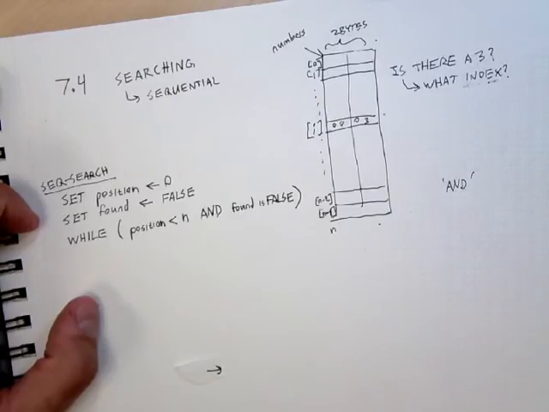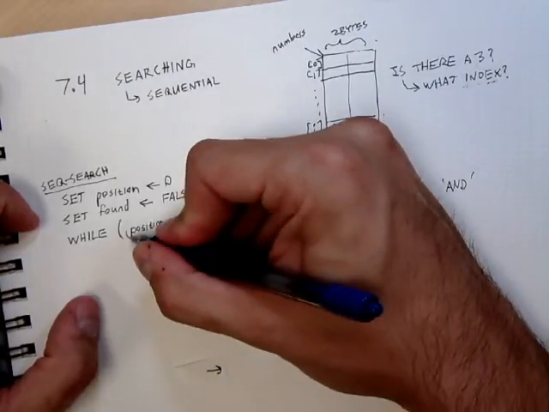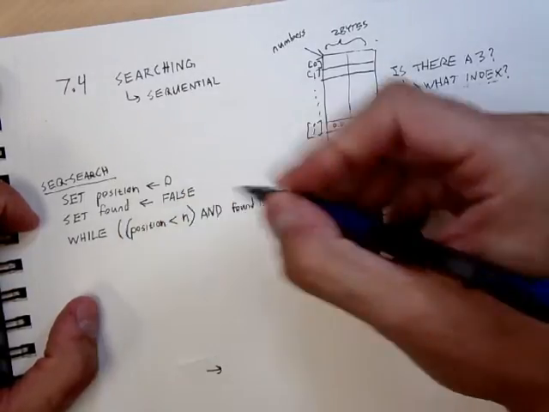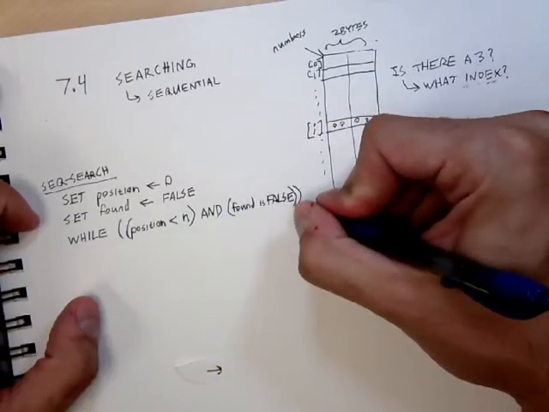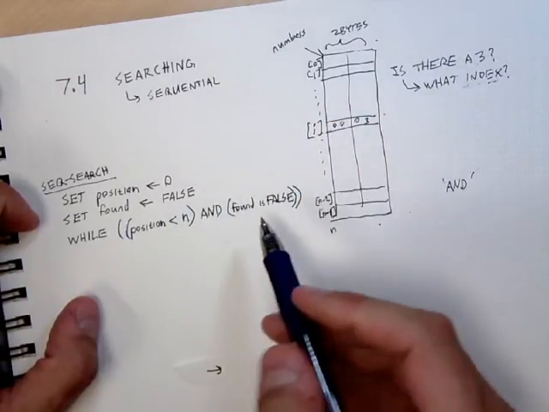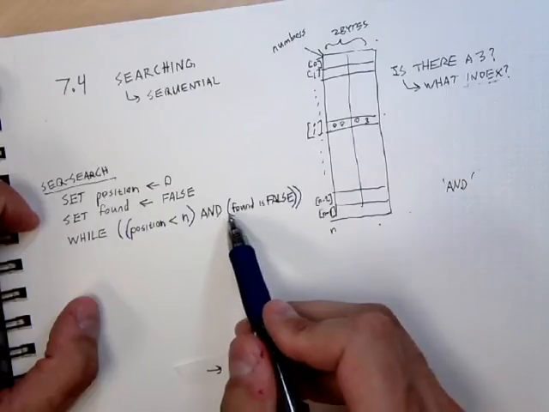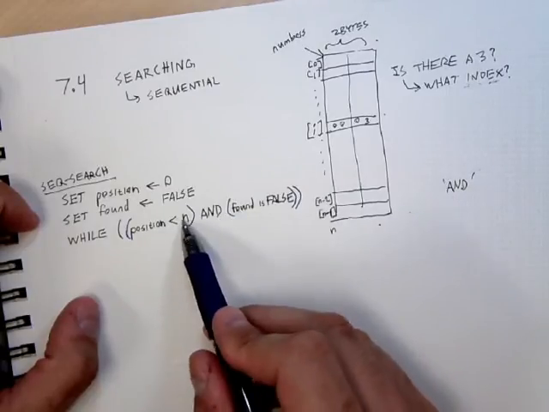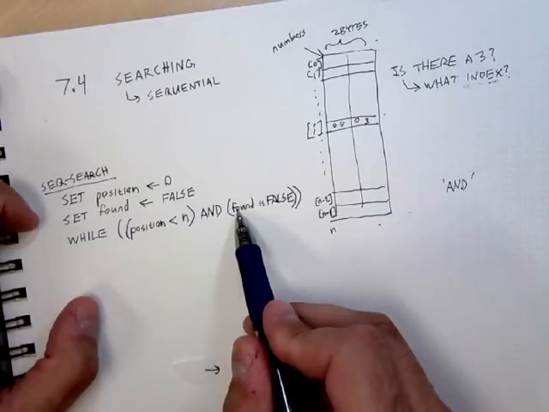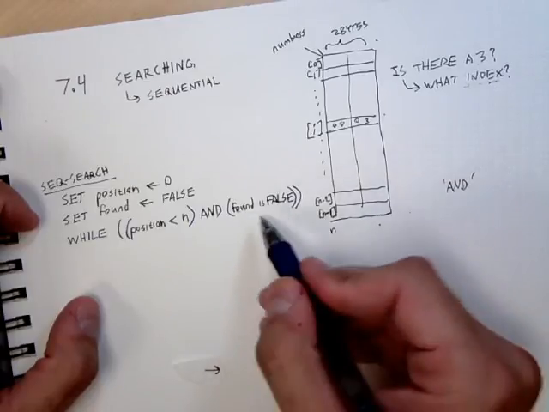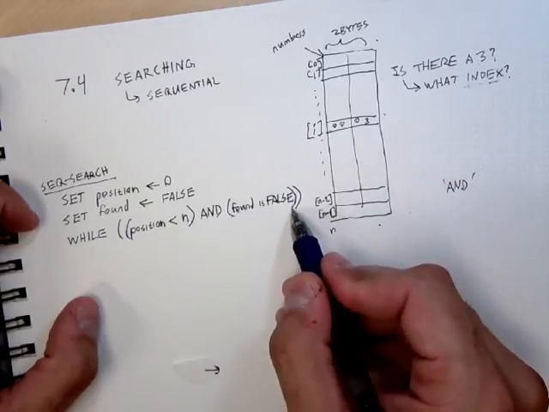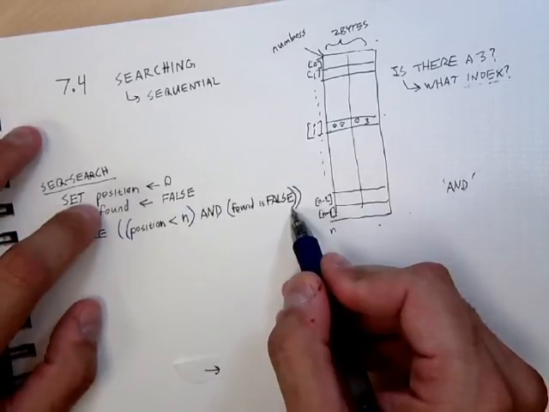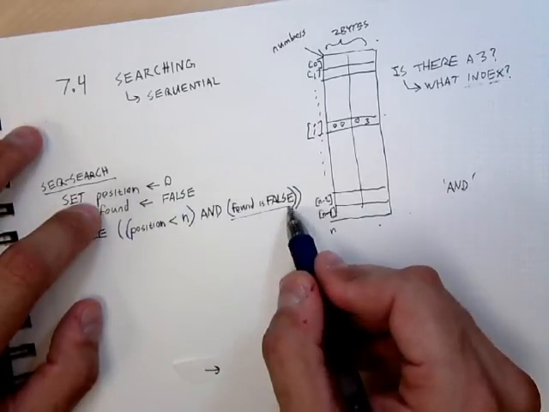So you might want to put these in parentheses if you're not sure about the order of operations. So for instance, found is a Boolean, position less than n and found is a Boolean as well. But what you really want to do is check whether found is false. So if found is false, this expression would be true.